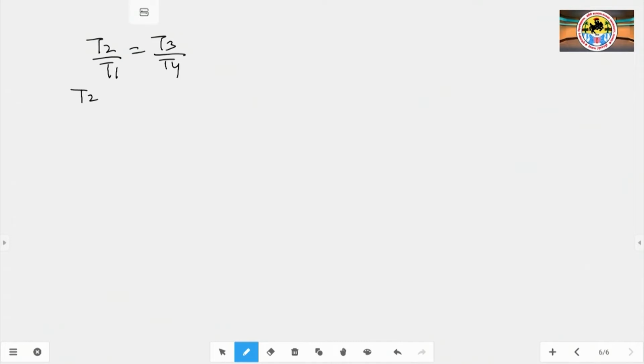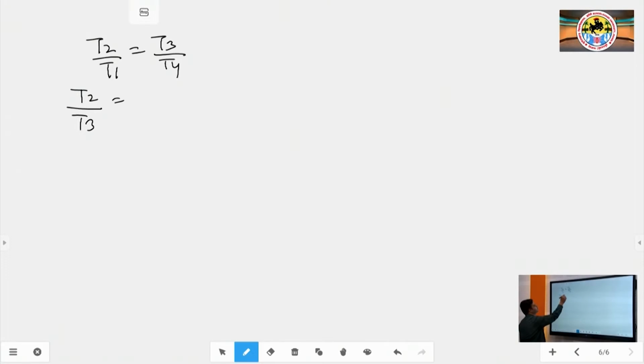Then next we have to put T3 below, so T2 upon T3 is equal to T1 upon T4, not any change in the expression. And also we have to subtract 1 from the RHS and LHS, from both sides, so T2 upon T3 minus 1 is equal to T1 upon T4 minus 1.